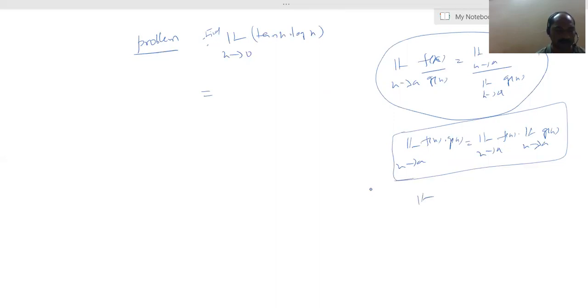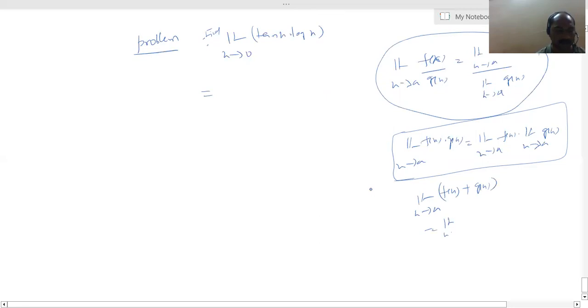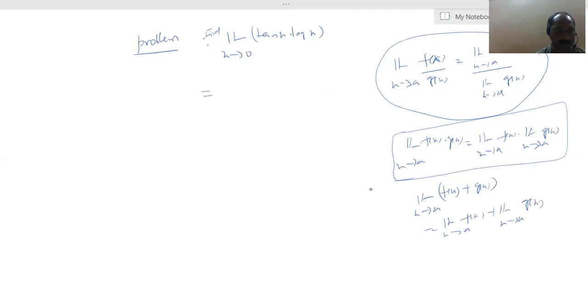If you have a plus, limit x tends to a, f of x plus g of x, this value equals limit x tends to a, f of x plus limit x tends to a, g of x. If you have a minus, take the minus sign. Plus, plus, minus, minus. These are the definitions.